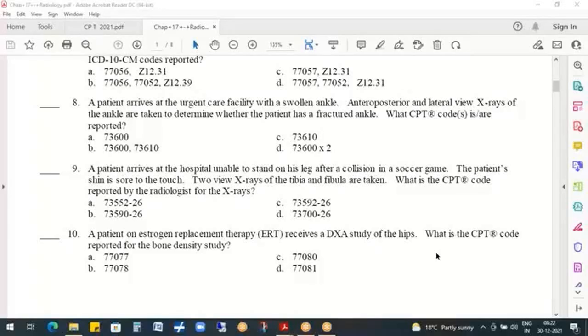Anterior posterior means one view. Posterior anterior means one view. Anterior hyphen posterior means how many views? One view. Anterior and posterior means 2 views. Please make that correction.